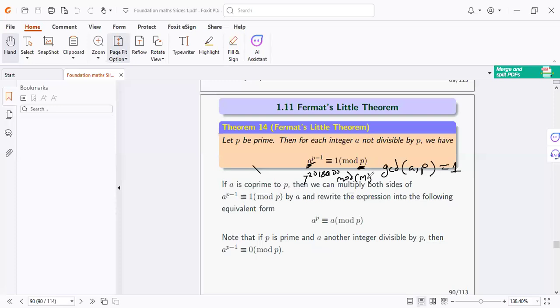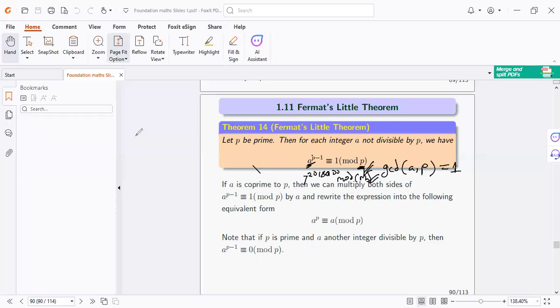Once you find out that this number is prime, then you know that you can use Fermat's little theorem. There are many algorithms you can use to find out whether this number M is prime. Once it's prime, you just subtract 1 from it, and A raised to that should be equivalent to 1 mod P.